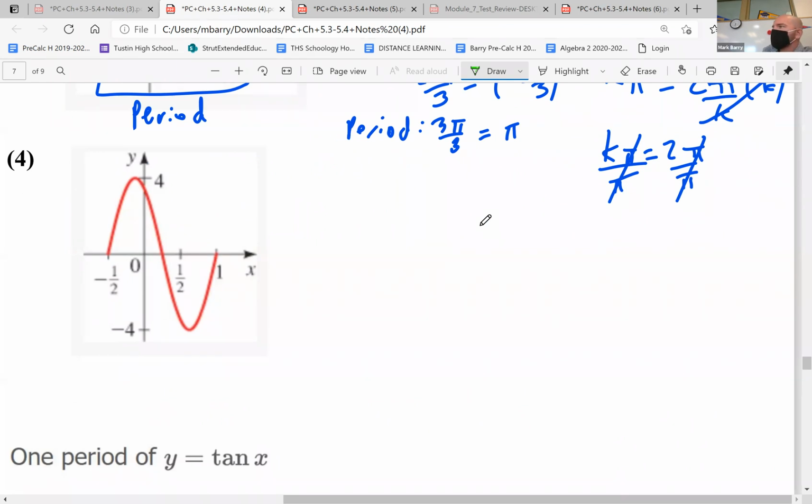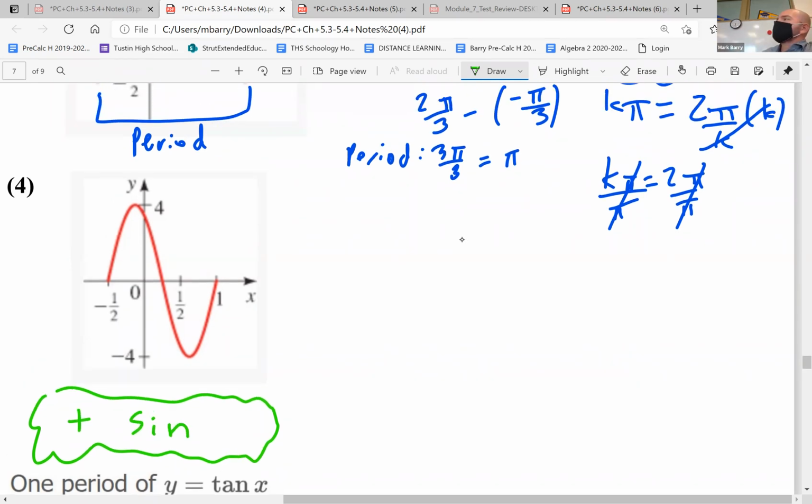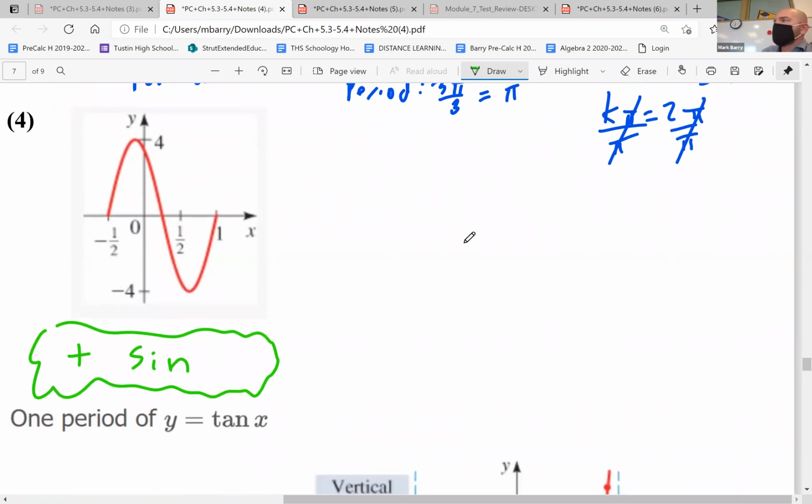Okay, let's do one more here. So first of all, what type of graph do we got? Sine, cosine, positive or negative? According to my chart, I would say this looks exactly like the positive sine graph. We're starting at a midpoint, going up and then back down. Again here, I don't think we have an up-down shift.